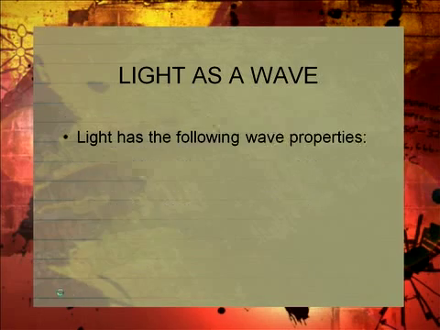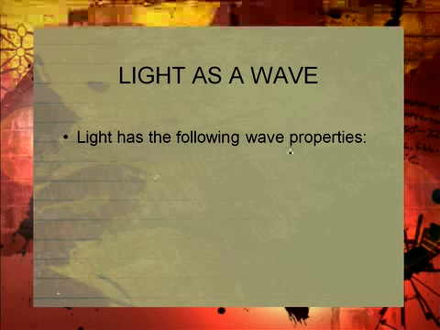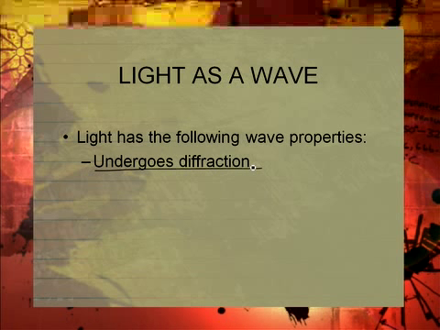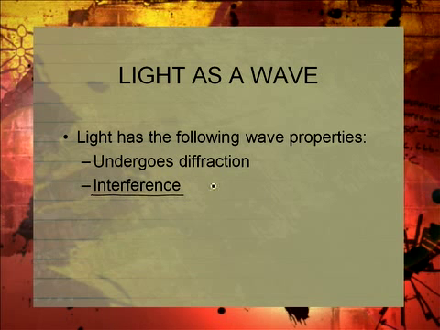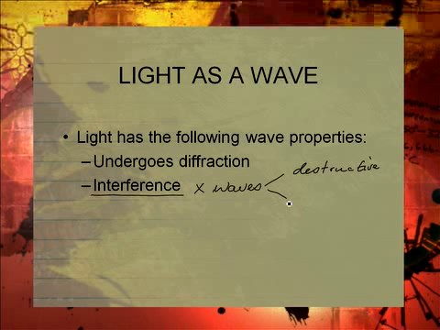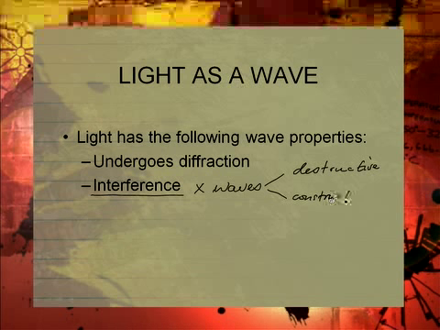Now, moving on, light has the following properties. It undergoes diffraction, as we have seen. It can also undergo interference, because we have just seen previously that when waves interfere with each other, they lead to interference, which is either going to be destructive interference or constructive interference.